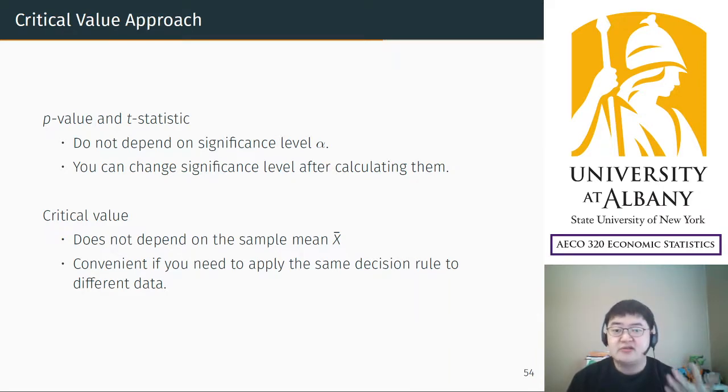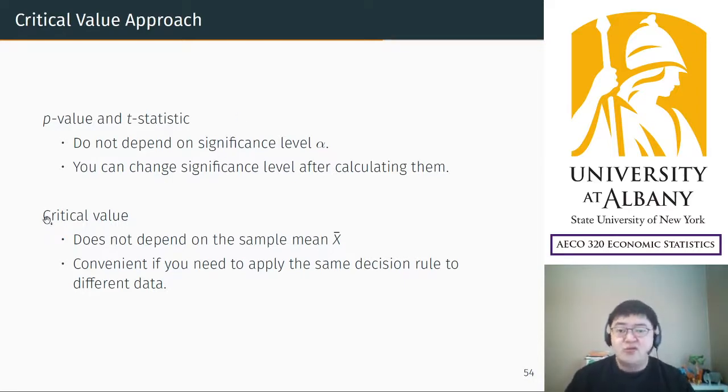The significance level itself is ad hoc, so you may choose it whenever you want. So these are particularly useful for programs. When you write a program to calculate the result, you can simply calculate the p-value and just do the last step: compare it with alpha by choosing your own alpha. That's the typical structure of a program.